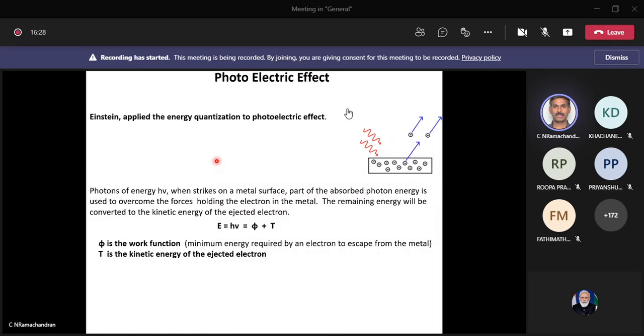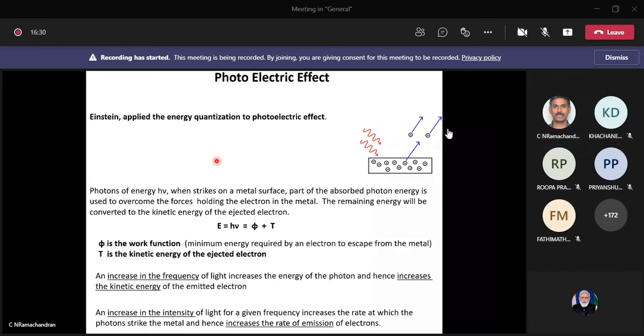So all these things are known to you. If you increase the frequency of light, then the energy of the photon will be increased. You know that hν, if frequency is more, then energy will be more.